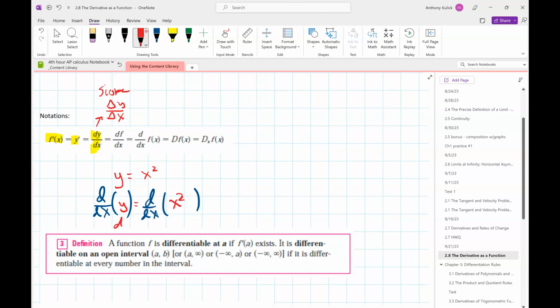And then on the left, I just have dy dx equals whatever. So that d dx is the symbol we use to say we're doing the derivative of something. Everybody's okay with that?